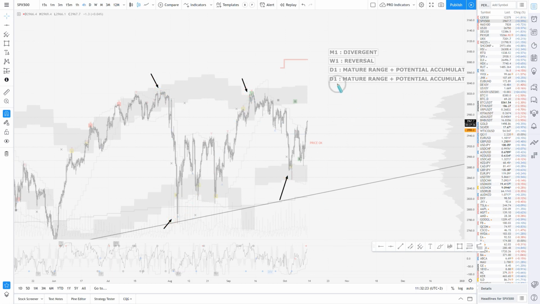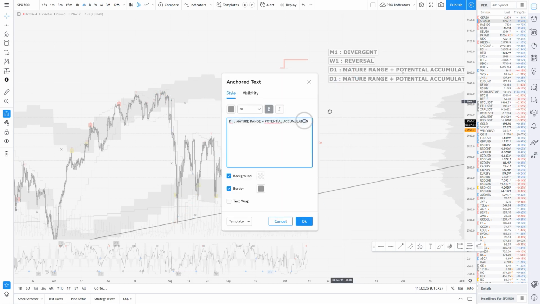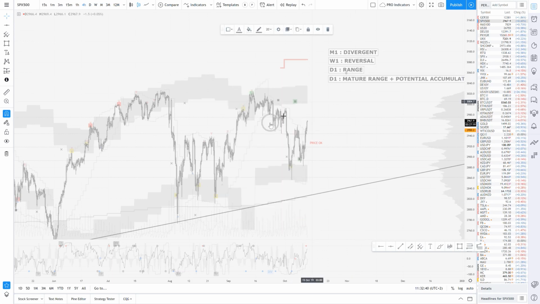So daily is range plus potential accumulation. Or actually, it's just a range, I would say. Yeah, it's a range. We're at the first range boundary, and we're going from context to context right now. No, daily, we don't know yet.